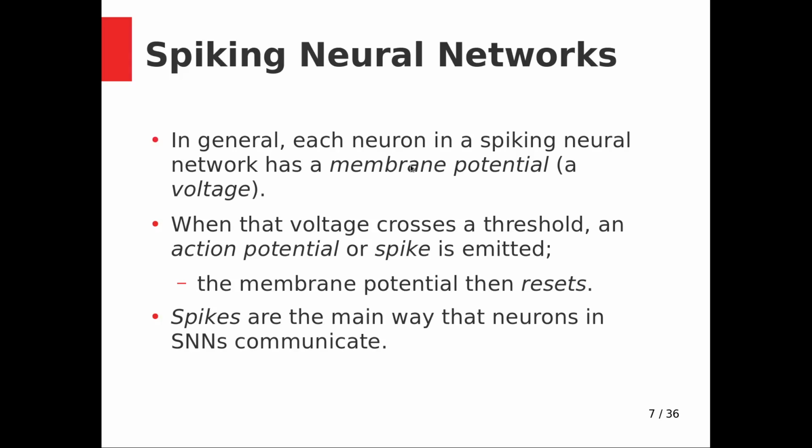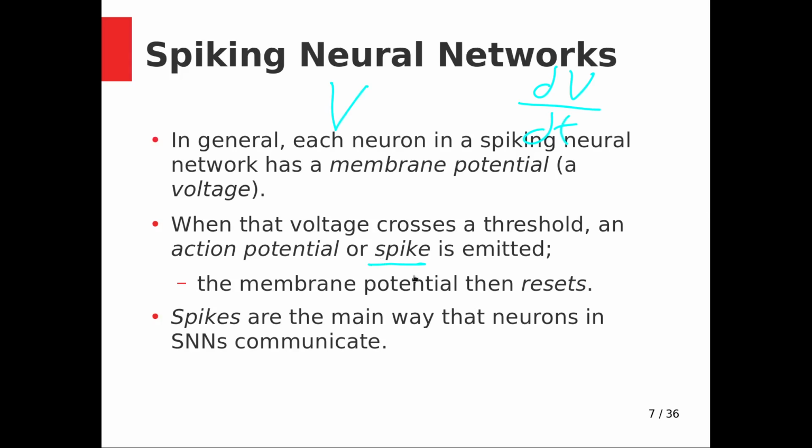So, basically, in general, each neuron in a spiking neural network has a membrane potential, a voltage, V. And the time evolution of V is one of the variables that we're going to track. So we're going to look at equations that describe dV over dt. When the voltage crosses a threshold, an action potential or spike is emitted, hence spiking neural network.